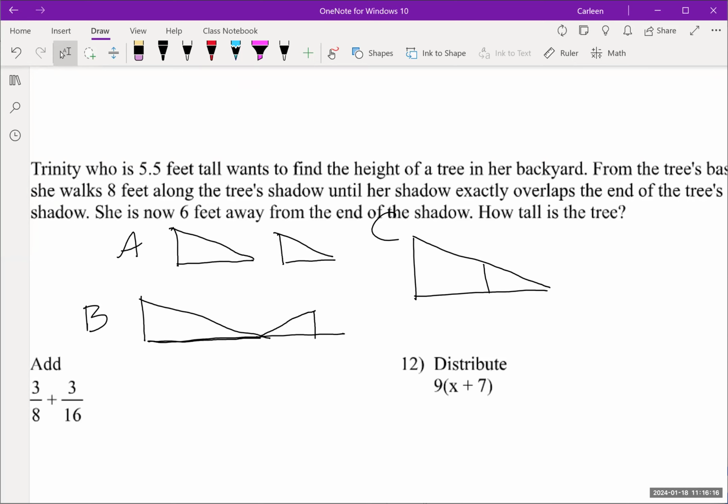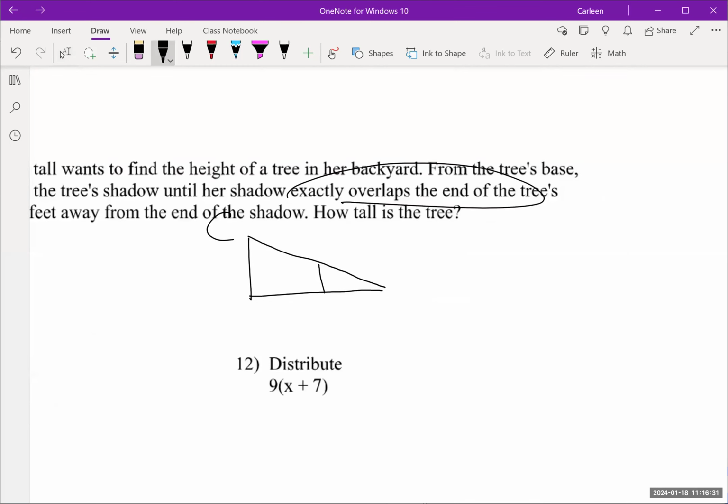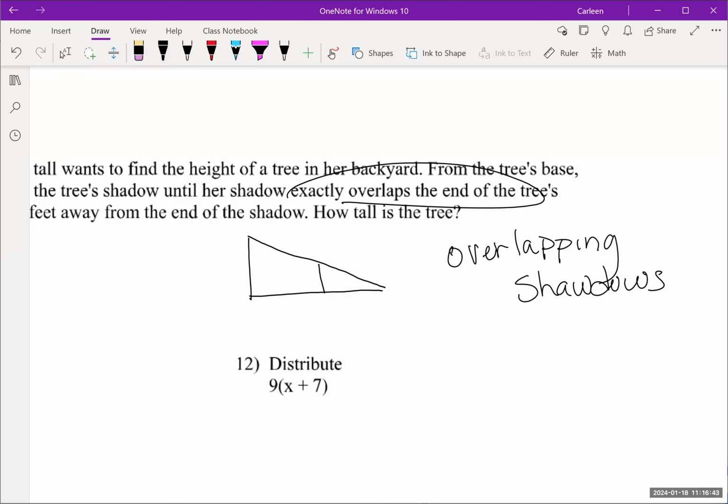She starts at the base. She walks out until, there you go, until their shadows are overlapping. So when you see overlapping shadows, there's your picture. Okay, overlapping shadows.